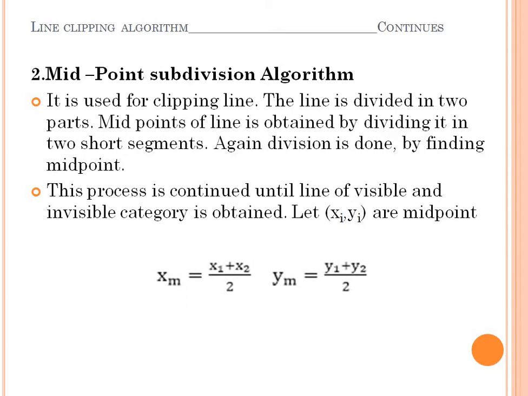If the result is non-zero, then the line is completely invisible. If the result is 0, then the line is partially visible. The third condition is if the region codes of the two endpoints do not satisfy the first and second conditions, then the line is partially visible.